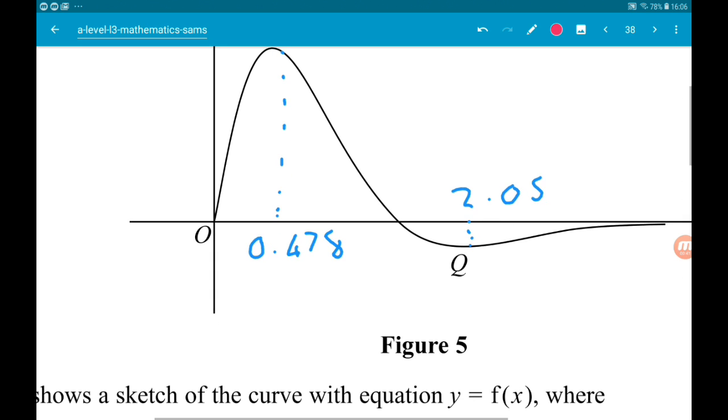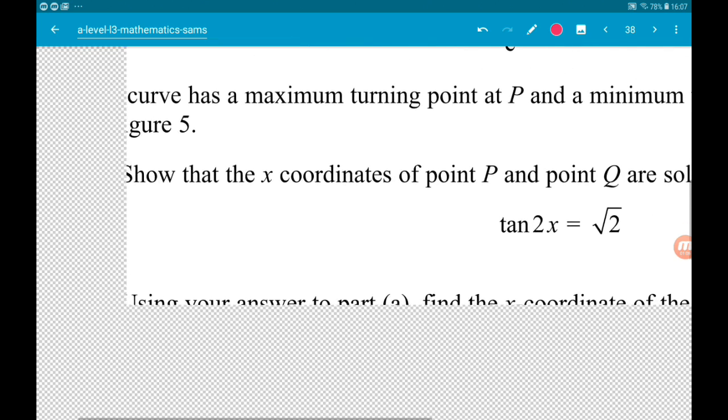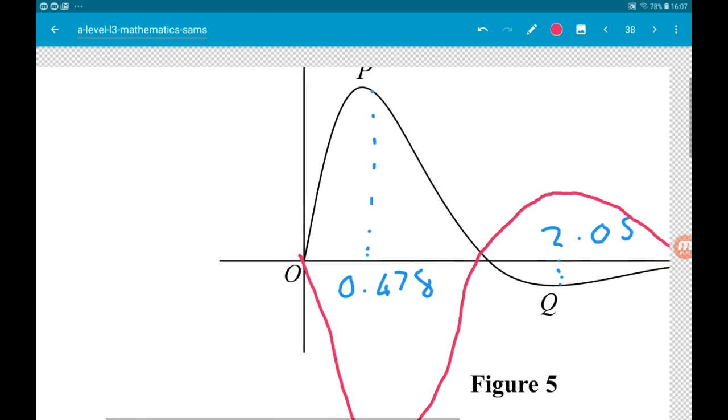So the graph is now going to look something like that, except for the bit at the end. Should have kept going like that. And then the 3 at the start means that we're translating the graph up by 3.